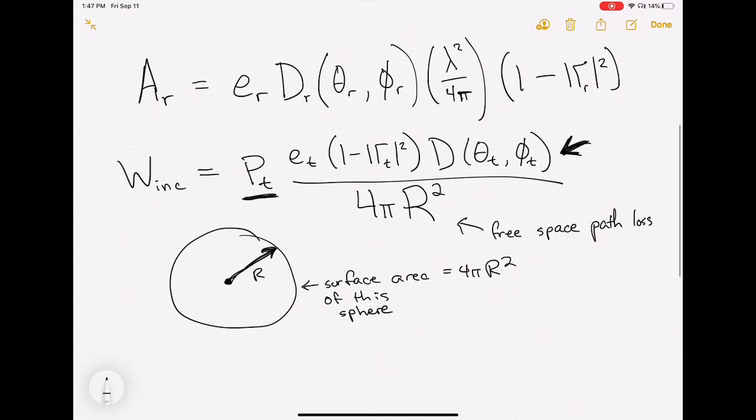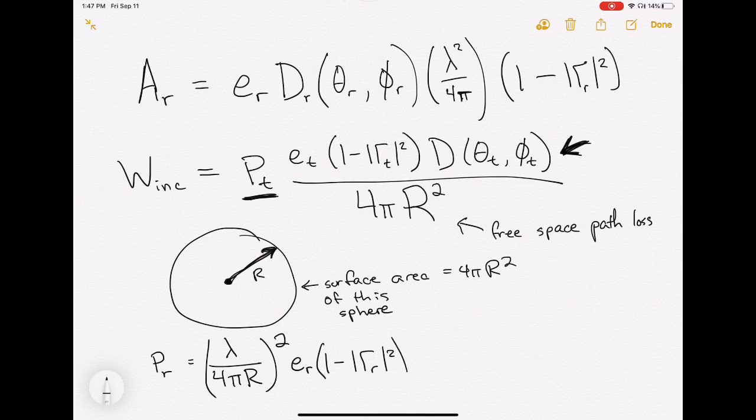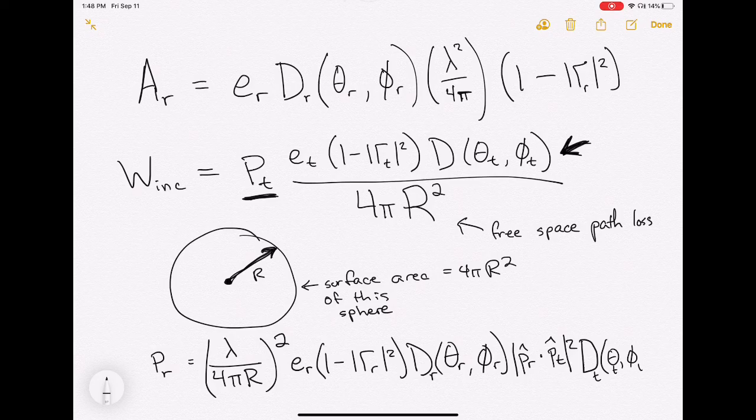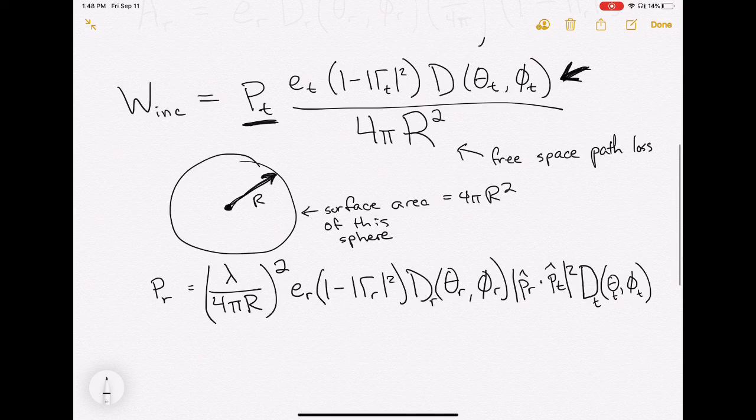So if I put all this together, I get that the received power is equal to lambda over 4 pi r whole quantity squared, receive antenna efficiency, receive antenna matching efficiency, receive antenna directivity in the direction that the receive antenna is looking, polarization loss factor, transmit antenna directivity in the direction that the transmit antenna is looking, times transmit antenna matching efficiency, times transmit antenna efficiency.